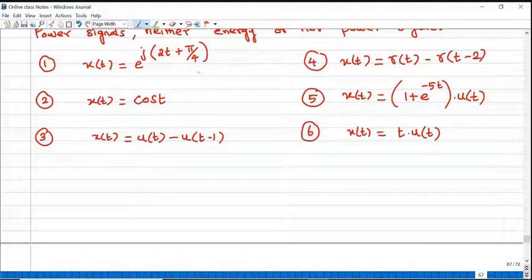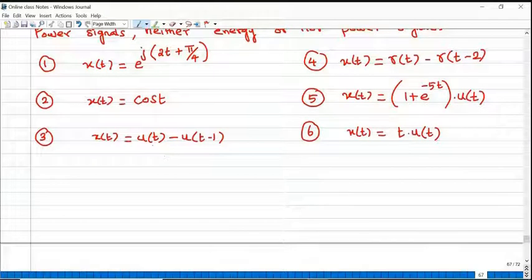It is periodic. If it is a periodic signal, in most of the cases it may be a power signal.